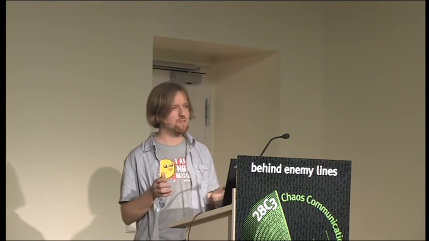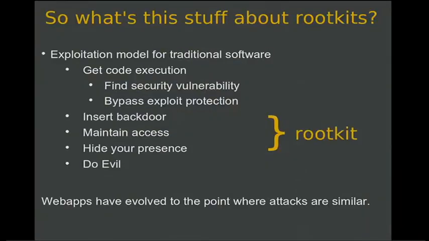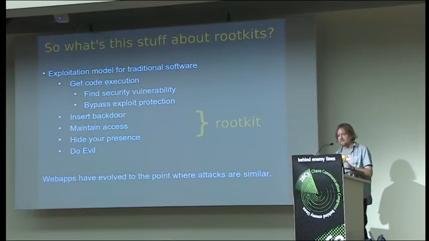I mentioned before that this talk isn't really about rootkits, because in traditional client-side software, the way you have malware running on users' machines is that first you find a code execution vector, so you find a bug, or you entice a user to click on your executable and fool them that way. If you actually find a vulnerability, you have to bypass ASLR and stuff like that.